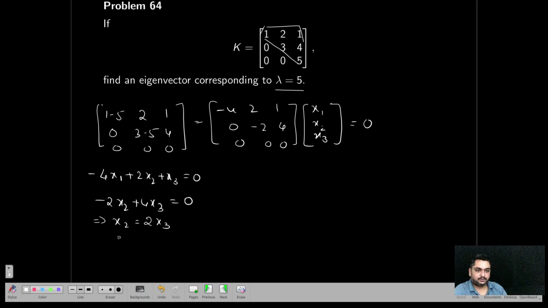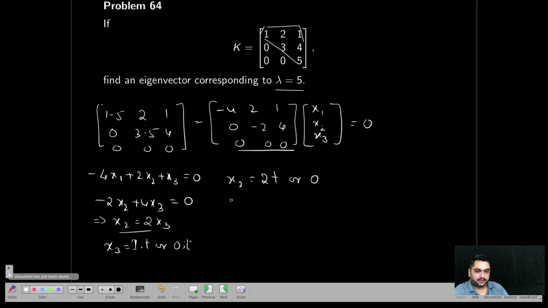Then the last one, the free variables. So let me put x3 is equal to 1 into t or 0 into t. We will check both. Now, when x3 is equal to 1 into t, what will I get? x2 will be 2 into t, or when it is 0, it will be 0.